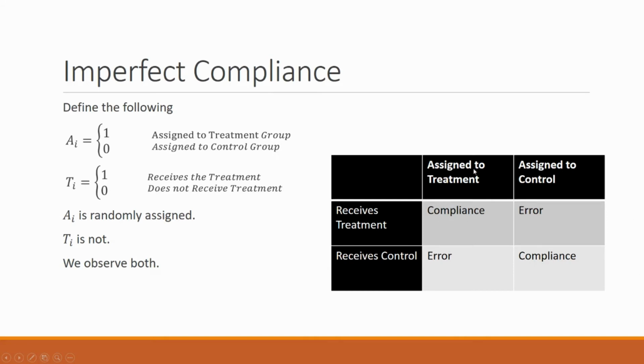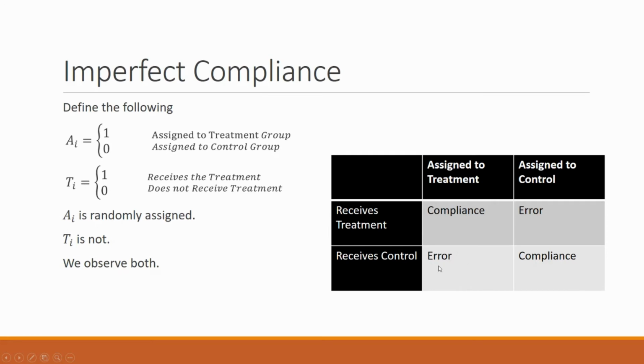So we can lay this out. There are 4 possible scenarios. It's possible that a person could be assigned to the treatment, meaning they're supposed to receive a textbook, and they actually do receive a textbook. That person would be in compliance with the experiment. It's also possible that someone could be assigned to the treatment, meaning they're supposed to get a textbook, but for some reason they don't get a textbook.